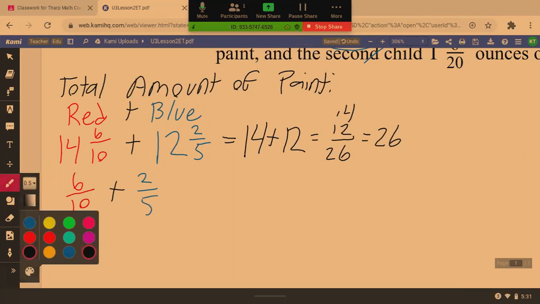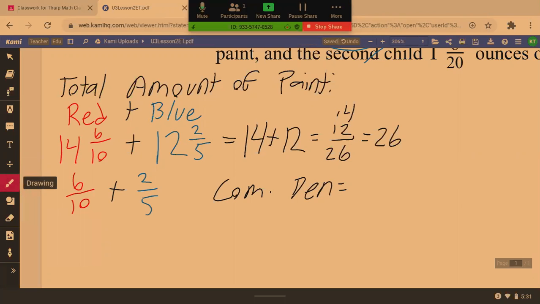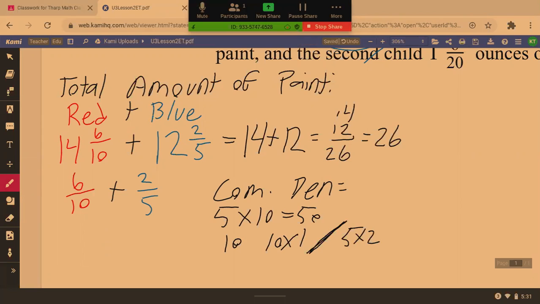What is the common denominator? Well, we could do 5 times 10, which would be 50, or we could just do 10 because 10 times 1 and 5 times 2. So let's do some manipulation to get these fractions on the same page.